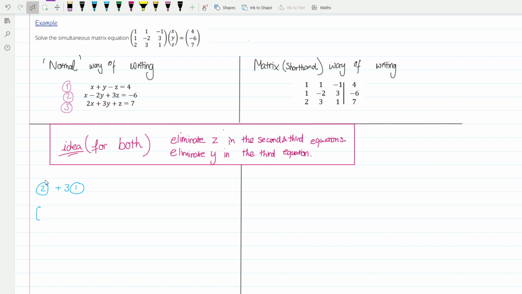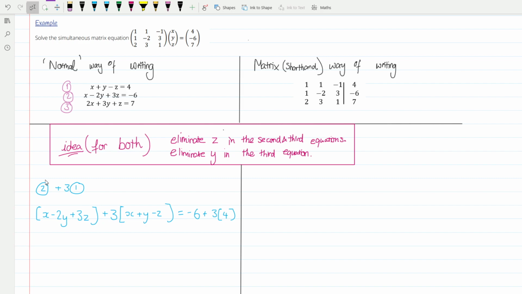So I would have x minus 2y plus 3z plus 3 lots of x plus y minus z. So that's equation 1. And then I could have the right hand side, which is minus 6 plus 3 lots of 4.